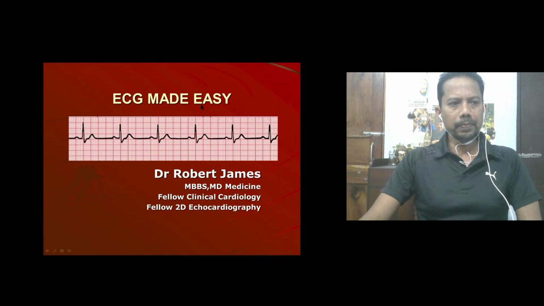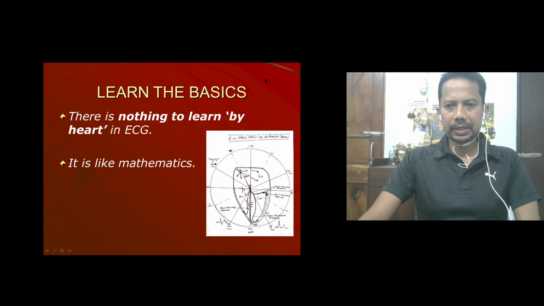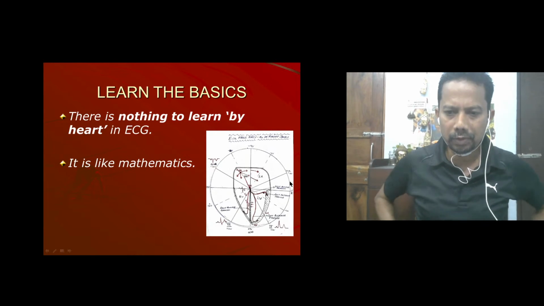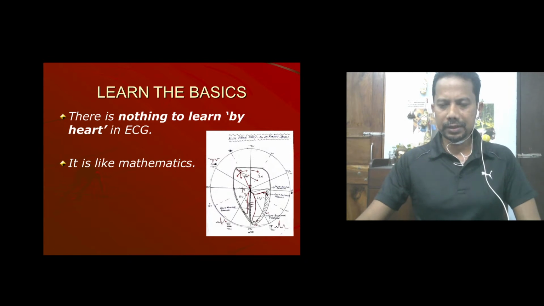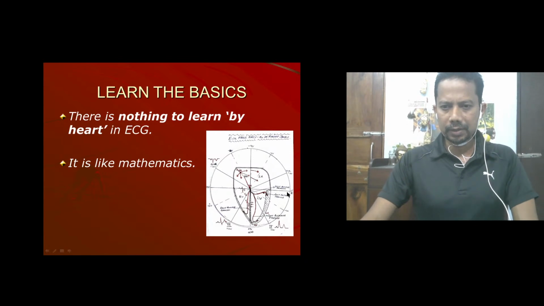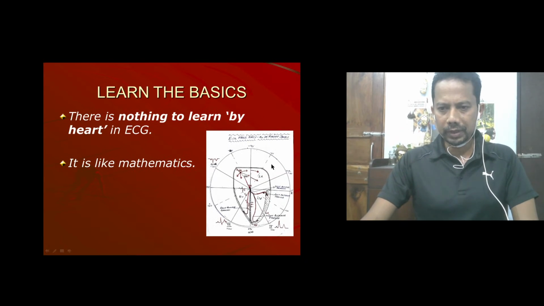Okay, so we'll start the class today, and to begin with, in ECG we always talk about this circle, and we have to always come back to this circle again and again, because the secrets of ECG are in this circle only. The whole of the electrical voltage system and the conducting system and all the leads, and how the conduction spreads from one place to the other in the heart, it's all described very nicely, and we can plot the leads.